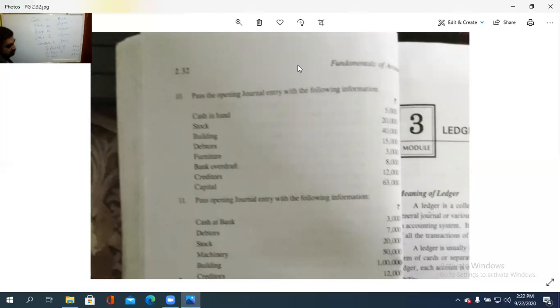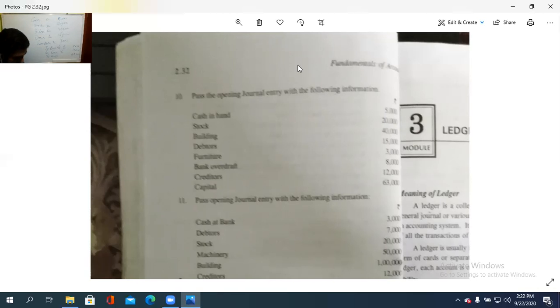So how much is it? 63 plus 20, 83. Here 18 plus 20, 38, 38 plus 40, 78 plus 10. So 25,000 plus 55,000 plus 3,000.